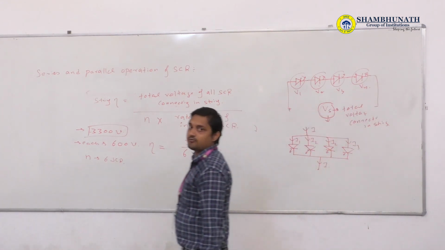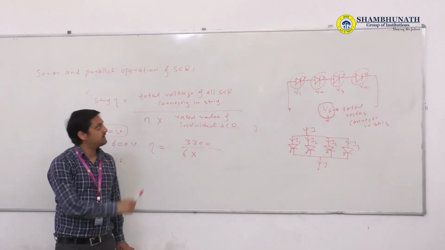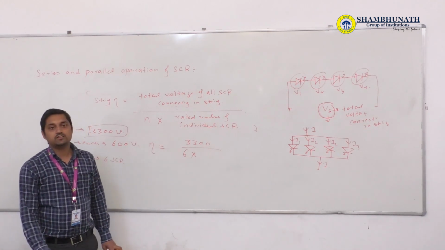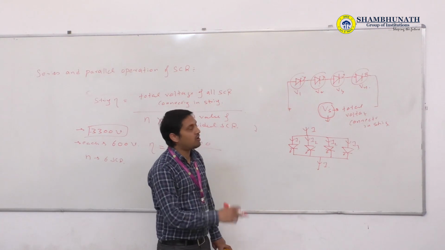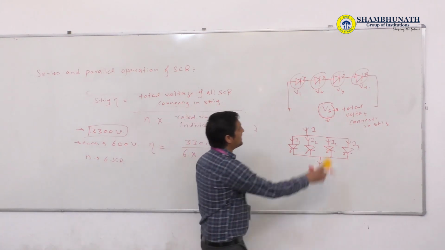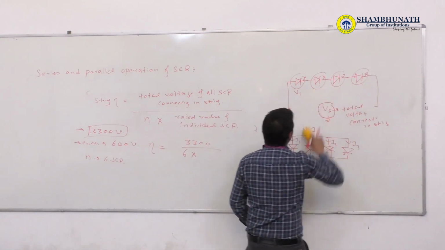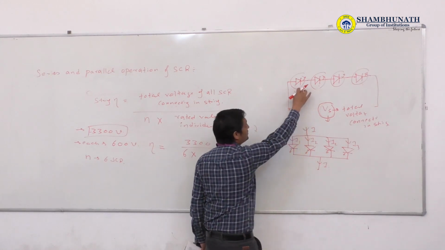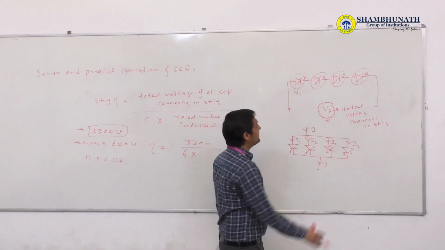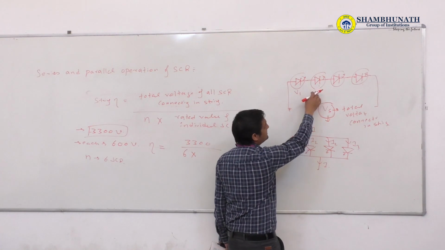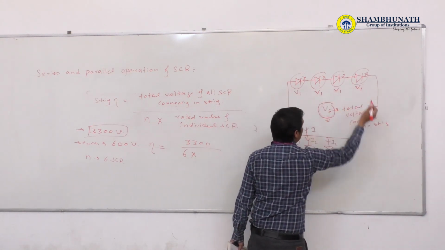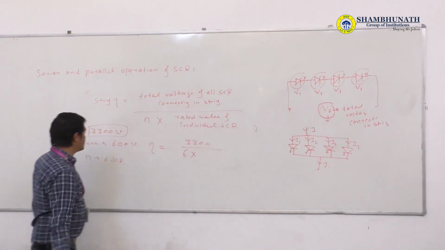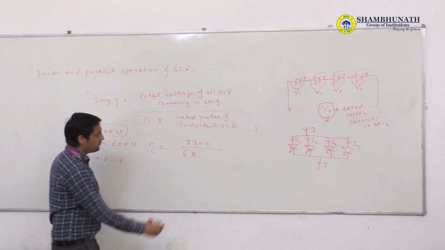When we connect SCRs in series, one thing we keep in mind is that the breakdown voltage of all the SCRs must be the same. That means if the breakdown voltage of the first SCR is V1, then we select an SCR which has the same breakdown voltage, which is given as 600 volt.